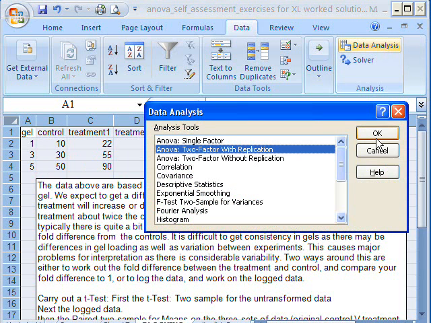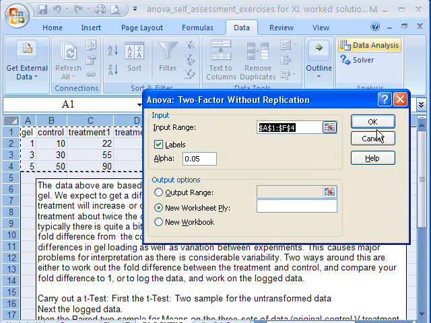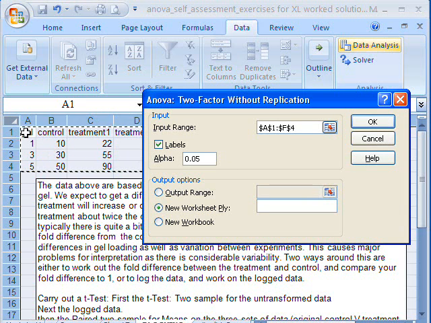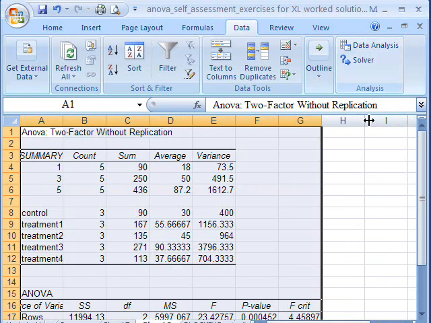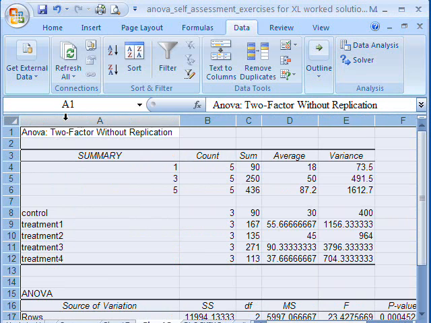And the way that we do that in Excel is ANOVA two-factor without replication. So our input range this time, we need to include a column which has the gel on it. We've got labels in the first row, we want a new worksheet ply, and OK. So this time we get 2 different kinds of output.